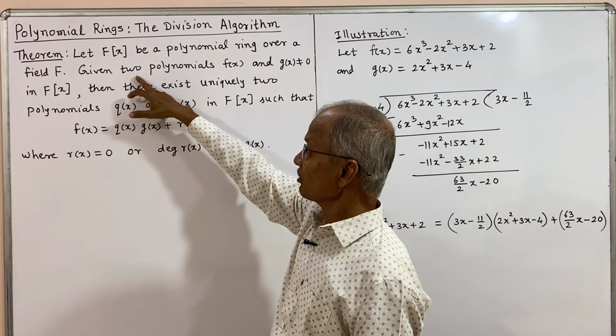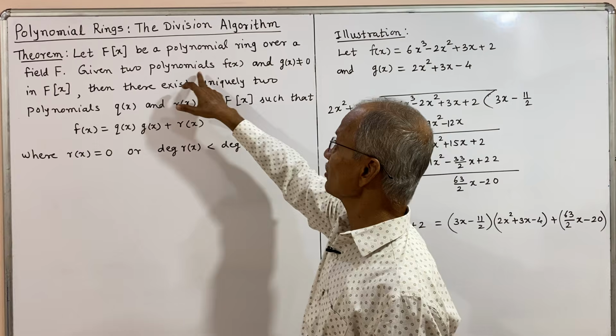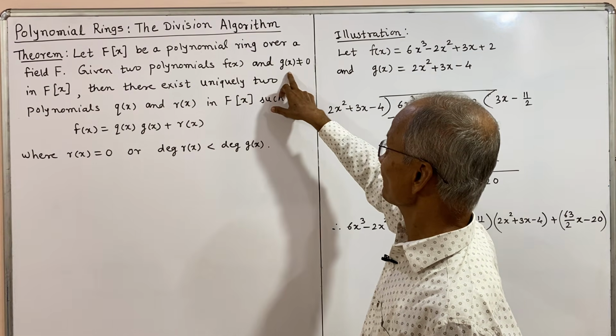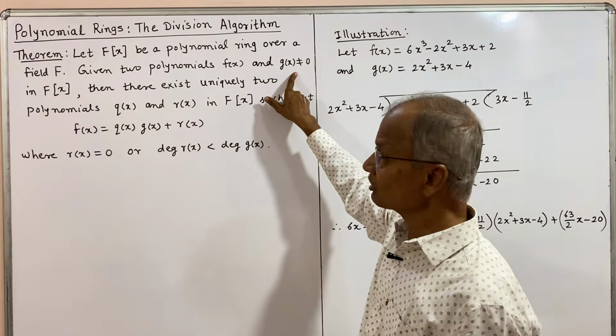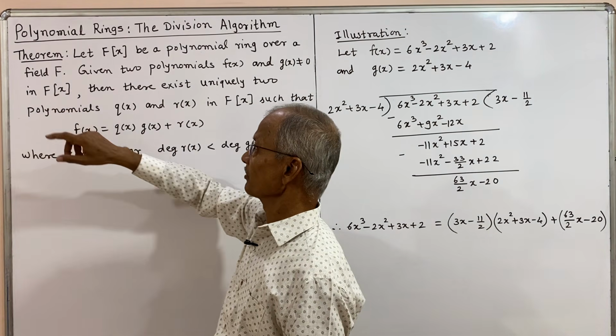F[x] is the polynomial ring over the field F, and we take two polynomials, f(x) and g(x), where g(x) is non-zero, g(x) not equal to 0 in this ring of polynomials.